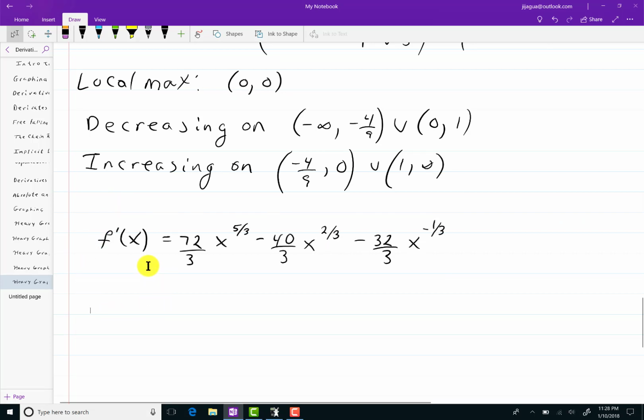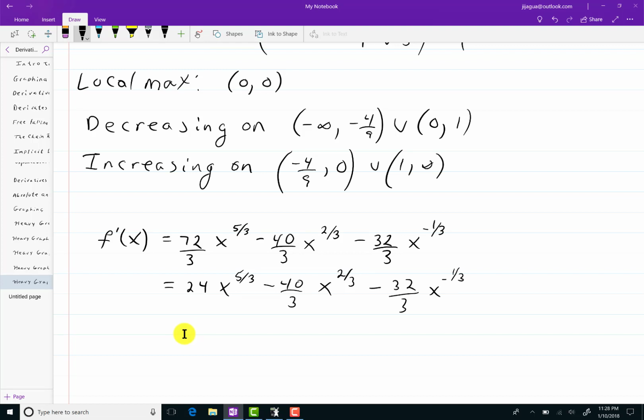And while I am here, I'm going to simplify a little bit. 72 over 3, that's 24. x to the 5/3 minus 40/3 x to the 2/3 minus 32/3 x to the negative 1/3.